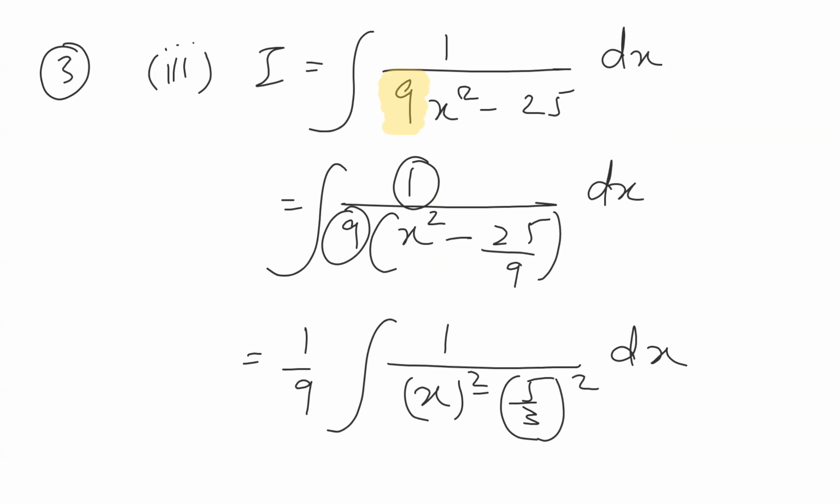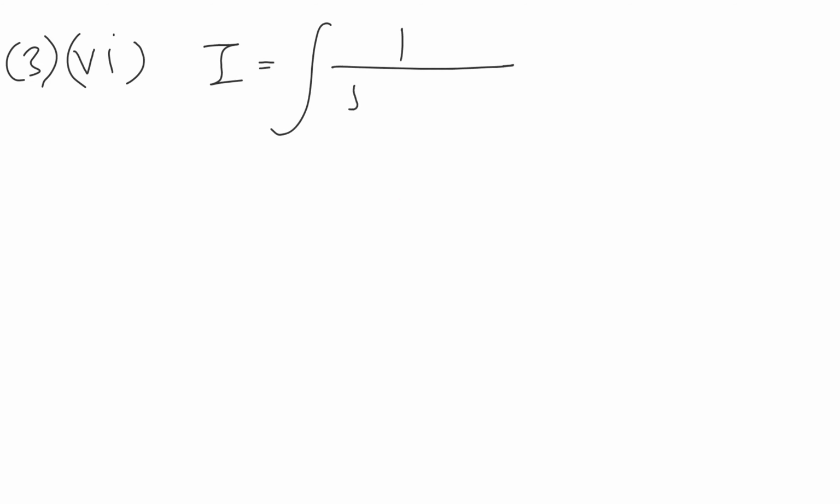Question number 3, sub question 6. It's on page number 139. Integration of 1 upon 5 minus 16x square. Okay, whatever is besides x, eliminate that term.